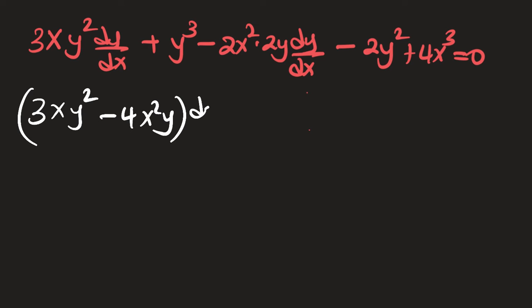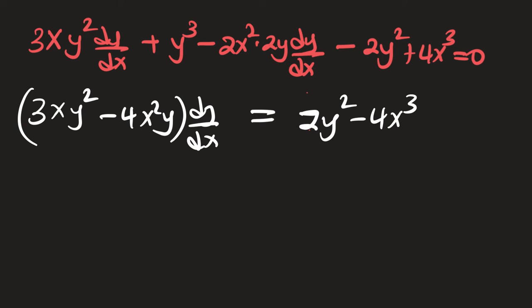These are the terms involving dy dx, and they will be equal to, if I throw the rest of the terms to the other side, plus 2y squared minus 4x cubed minus y cubed. It is a minus y cubed, not a plus. These go to the right hand side, so they switch their signs: positives become negatives, and negatives become positives.